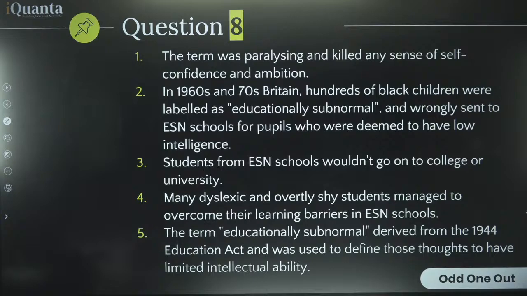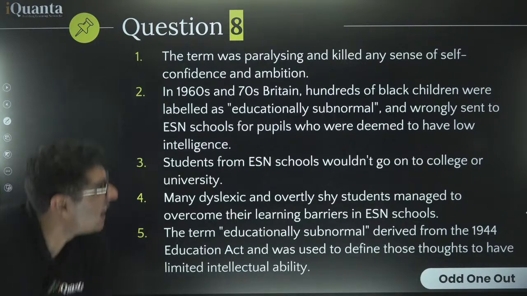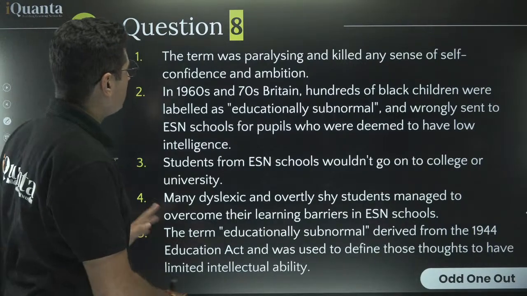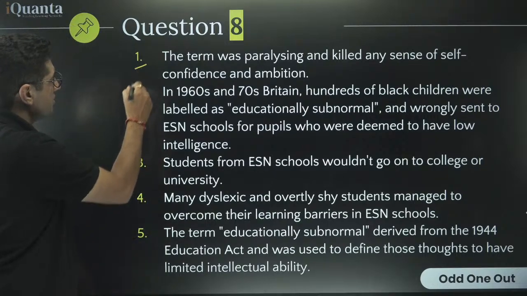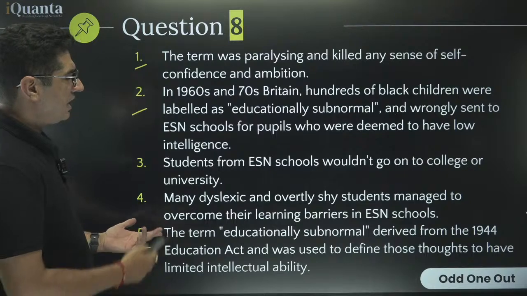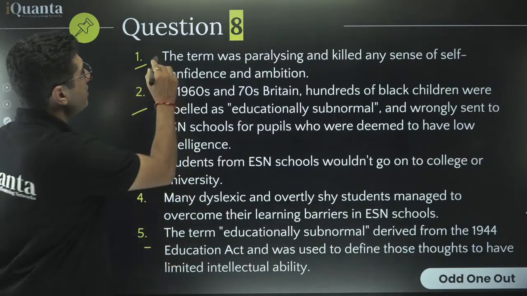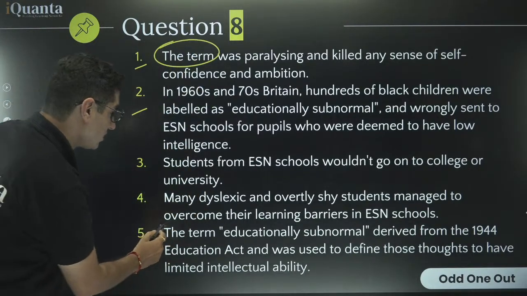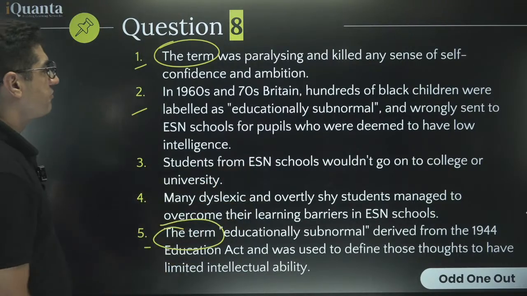Okay, so in question number 8, I think the connection between 1, 2 and 5 should be pretty obvious to us. And in fact, when you start reading it, you notice the term paralyzing, the term derived from here.